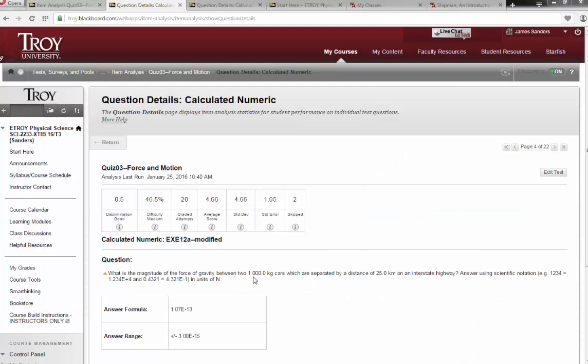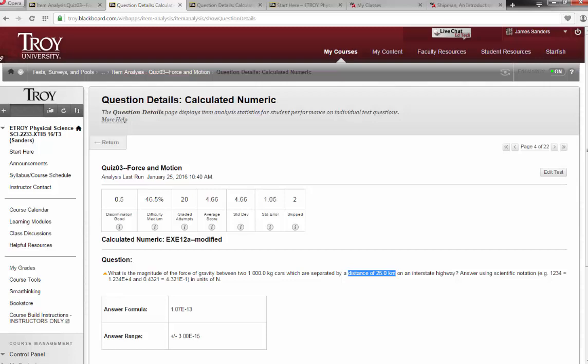The masses M1 and M2 are the masses of the two cars. So that's given right here. They're both 1,000.0 kilograms. And of course, the r squared term represents the distance between the two cars. So that's given right here. They're separated by a distance of 25.0 kilometers. Okay, so we have all the numbers we need.